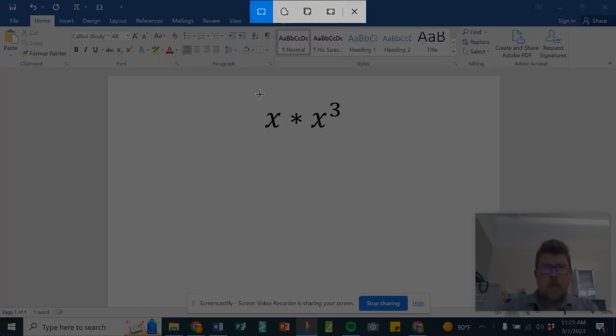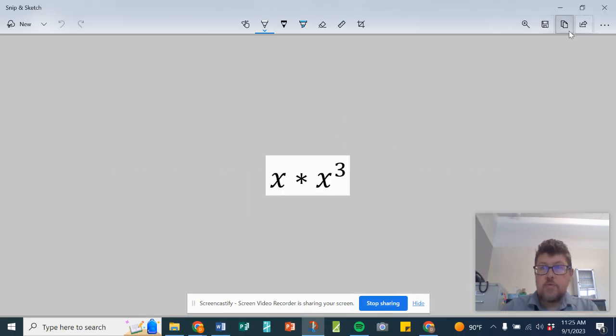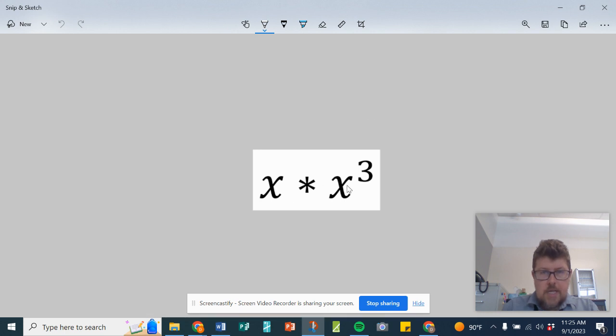Now, the idea with these exponent rules, right? This is called the product rule. This is when you have two bases that are multiplied together, the same base with different exponents. So the exponent that we have here is a 3 and actually a 1 right there.